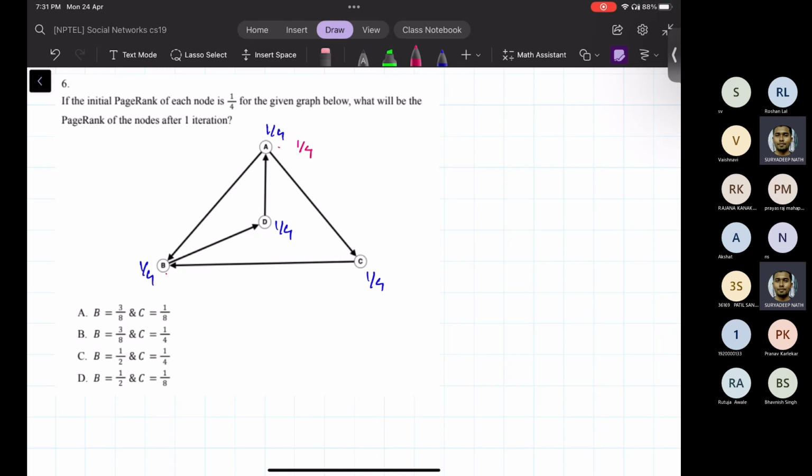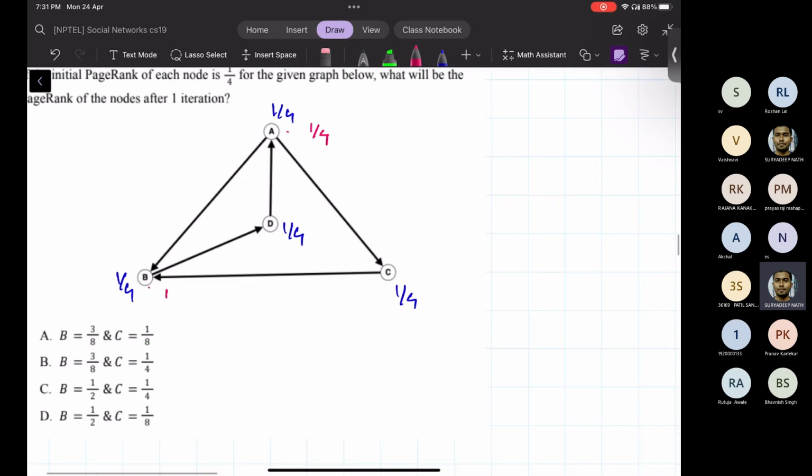What about B? B gives away its 1 by 4 but receives from A and C. It receives half of 1 by 4, that is 1 by 8, from A, and C has no other outgoing edge except to B, so it gives the entire 1 by 4 to B. So B's page rank becomes 1/8 plus 1/4, that is 3 over 8.